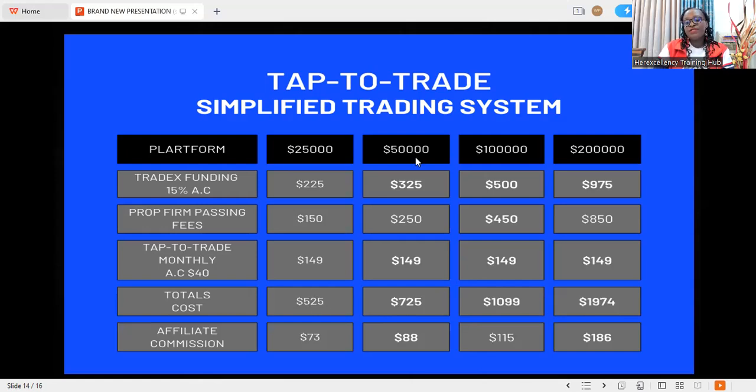If you want a $50,000 account, you buy it at $225. You pay for passing $250. You pay $149 to access Tap to Trade. That is $725. Imagine $725 and you're getting an account of $50,000. For $100K, you buy at $500, you pay for passing $450, and $149, so you need a total of $1,000.